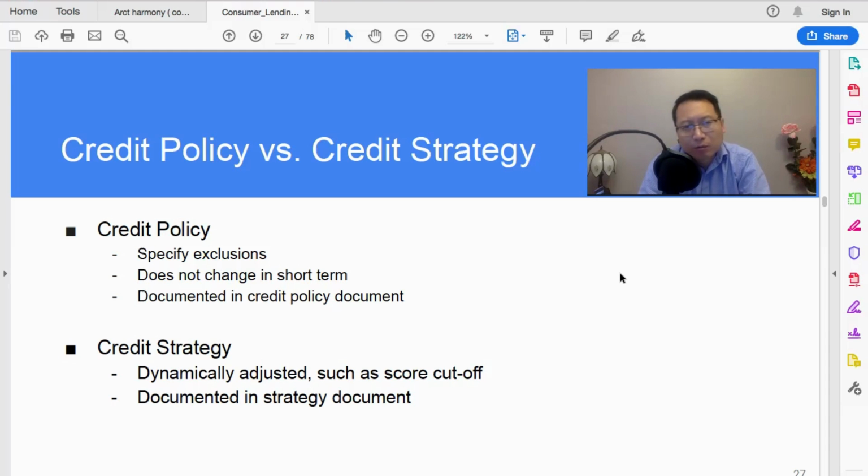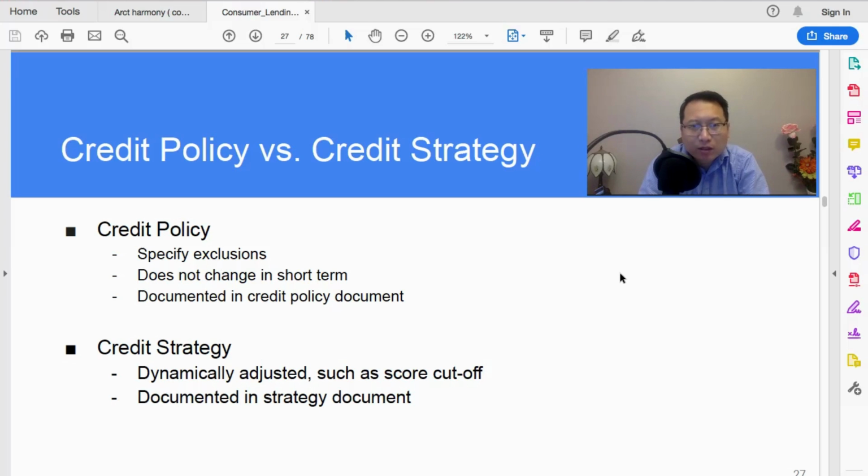They tend not to change too much in the short term, or usually they don't change at all in some cases for multiple years. They are documented in a credit policy document. So when people read that, they have a clear idea which consumers could be considered for approval.